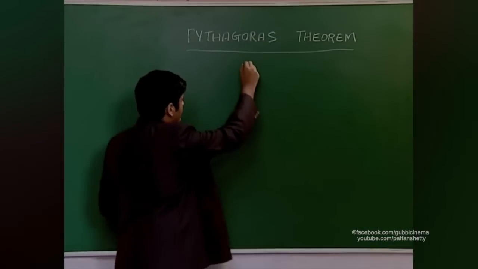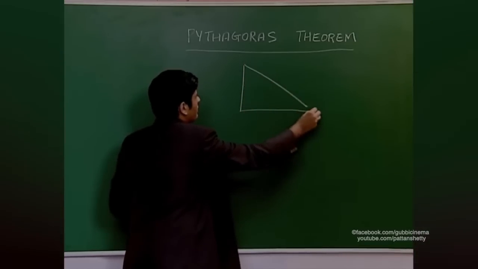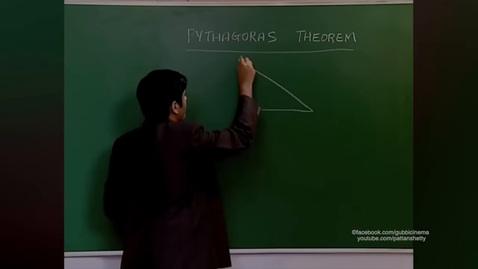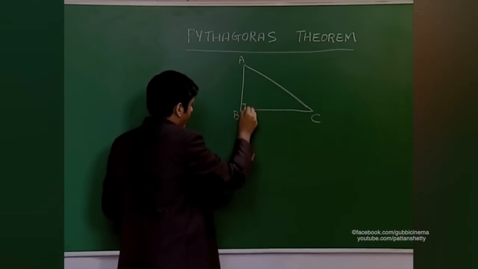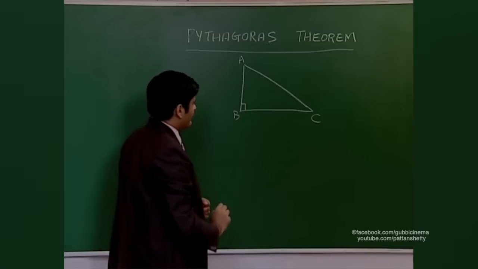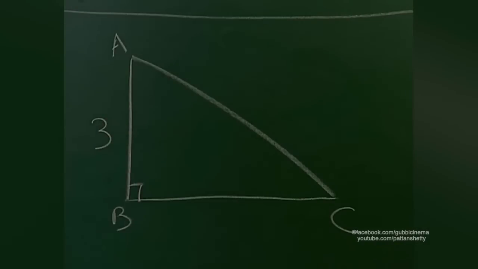Let us suppose in this triangle, we shall call it triangle ABC, where angle B is 90 degrees. And I am told that side AB is 3 units. Inside BC, we have taken 4 units.